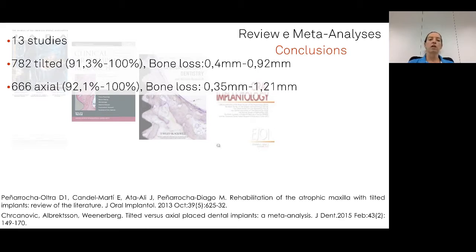In the review from Peñarrocha, he got together 13 studies, with 782 of the implants placed being tilted, with high success rates, as you can see, from 91.3% to 100%, with bone loss from 0.4 to 0.92 millimeters. And with the axial ones, 666 axial implants, also very high survival rates, and bone loss of 0.35 to 1.21.